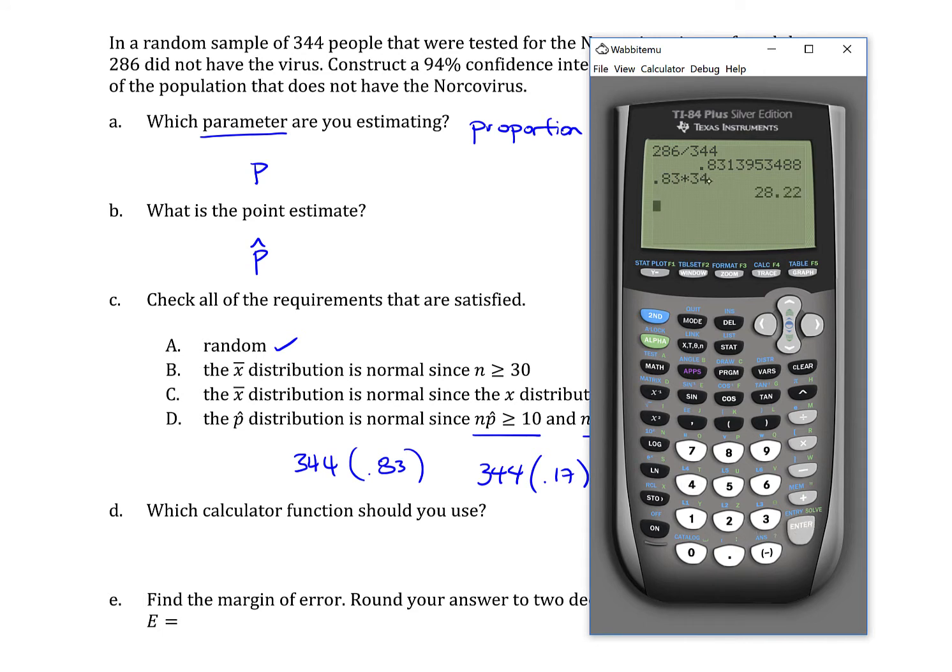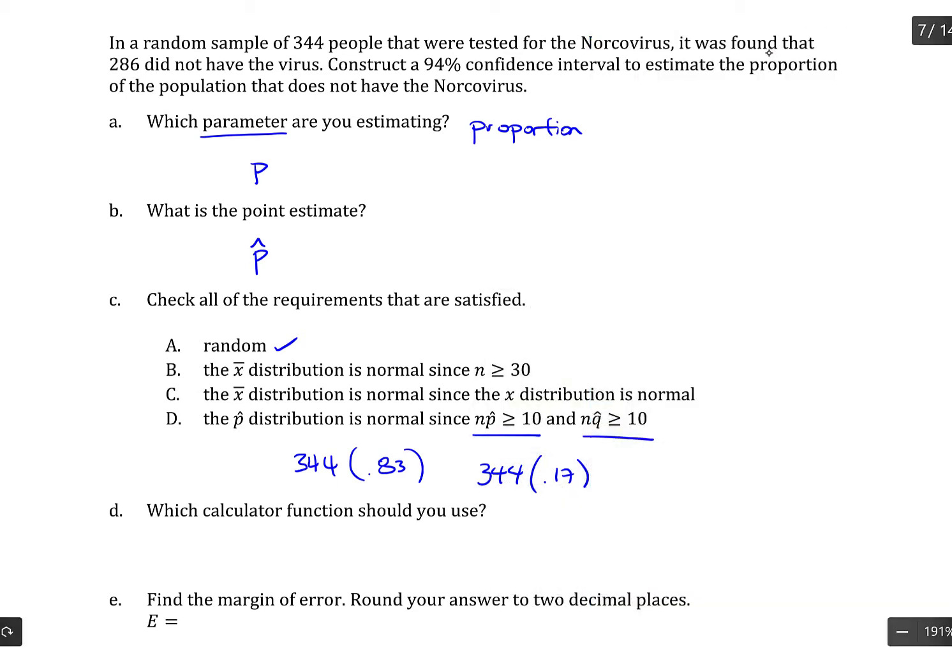Whoops. Well, okay, so I missed a 4 there, but certainly that's still going to be bigger than 10. So I'm not going to change that. All right, then 344 times 0.17. That is 58, so that's certainly larger than 10 as well. Okay, so that condition is met.